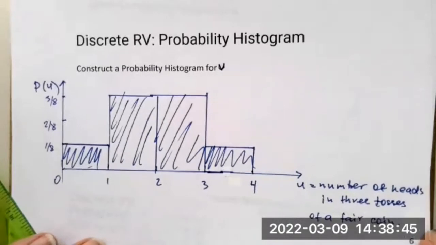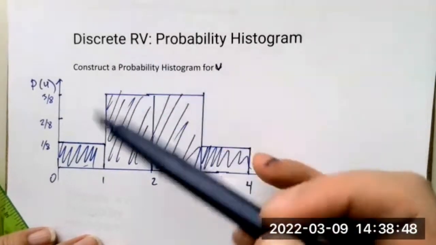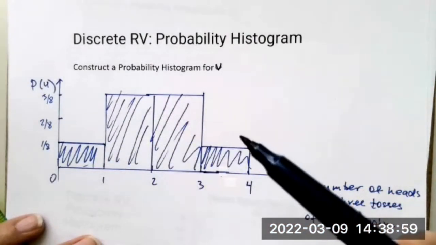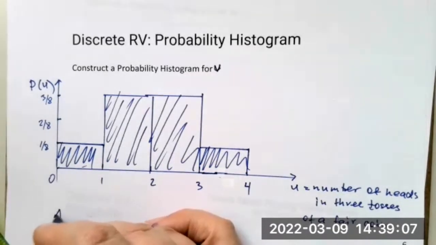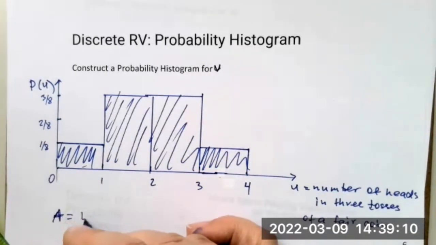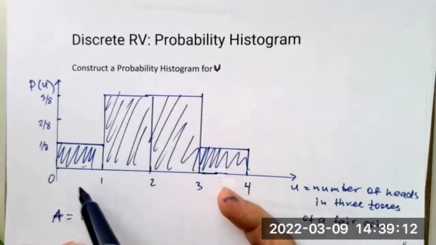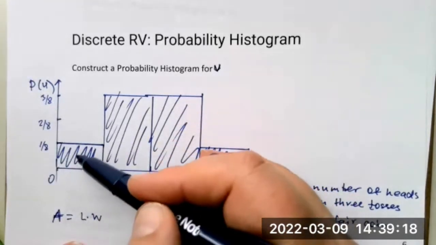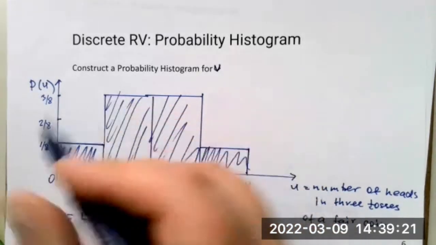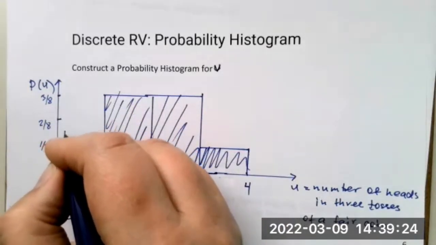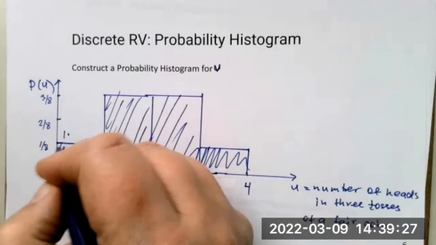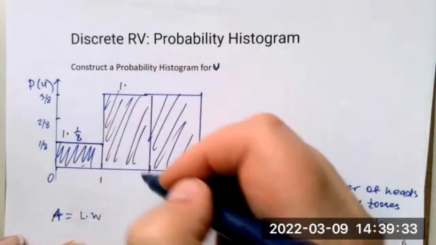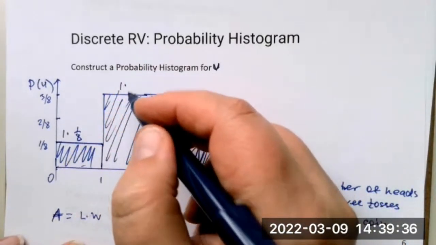And here I wanted to draw your attention to one interesting fact. Let me ask you this question. What's the area of the shaded rectangles? Well, let's calculate. The formula for the area of a rectangle is length times width. So the width of each rectangle is 1, and the height is the probability. So right here we have 1 times the probability of 0, which is 1/8. Here we're going to have 1 times the height, which is the probability of 1.